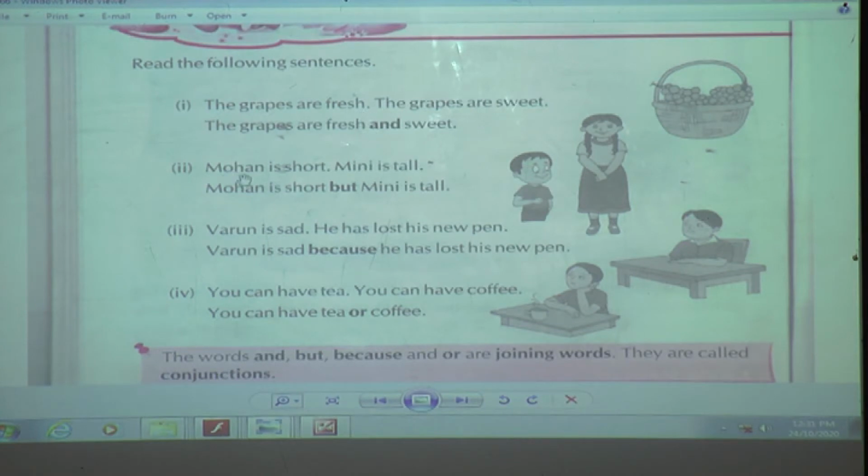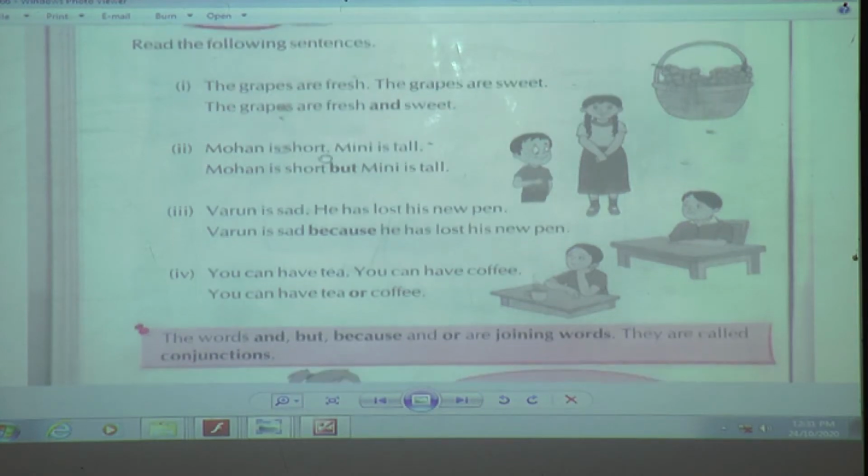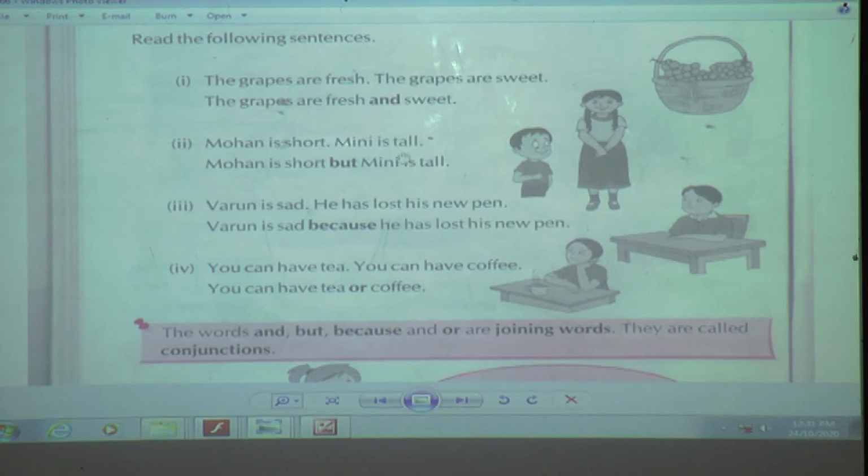Okay, next, Mohan is short, Minnie is tall. Here if you see, they have told about two persons, Mohan and Minnie. What they have told, that this boy is short, and again in the next sentence they have told totally opposite, that is Minnie is tall.